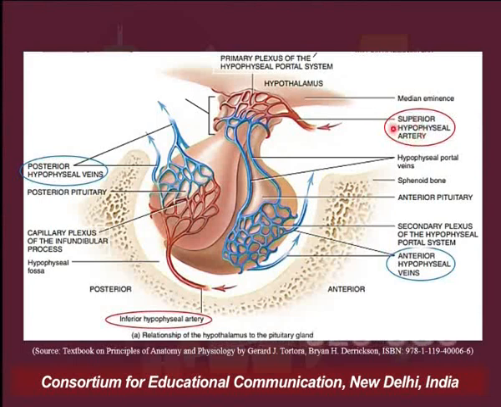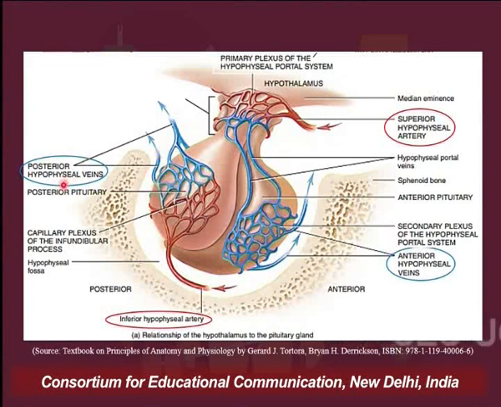Here you can see that all the arteries I have encircled in red color. So there is the entry of blood through the superior hypophyseal artery, and then there is the inferior hypophyseal artery as well. Now let us have a look at the veins. What all veins are taking the blood back?